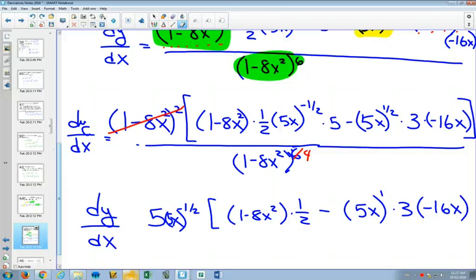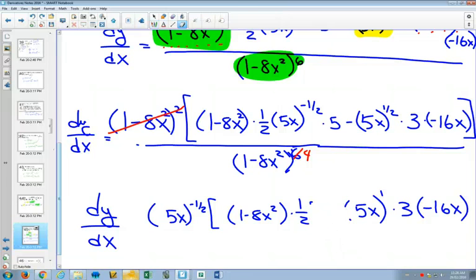And I wrote this at the front. What did I take out? I took out a 5x to the negative 1/2. I didn't take out the extra 5 because there was no extra 5 in my second one. Do you see that? So I'm going to have to re-add the 5 in the first one there.